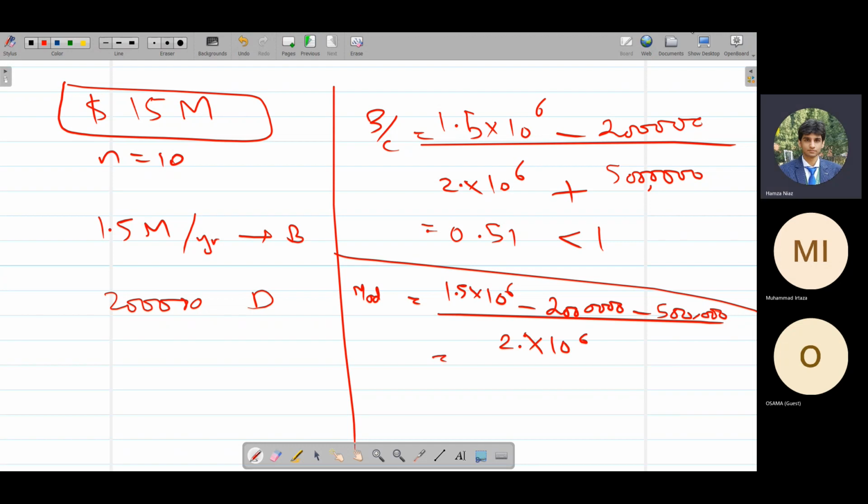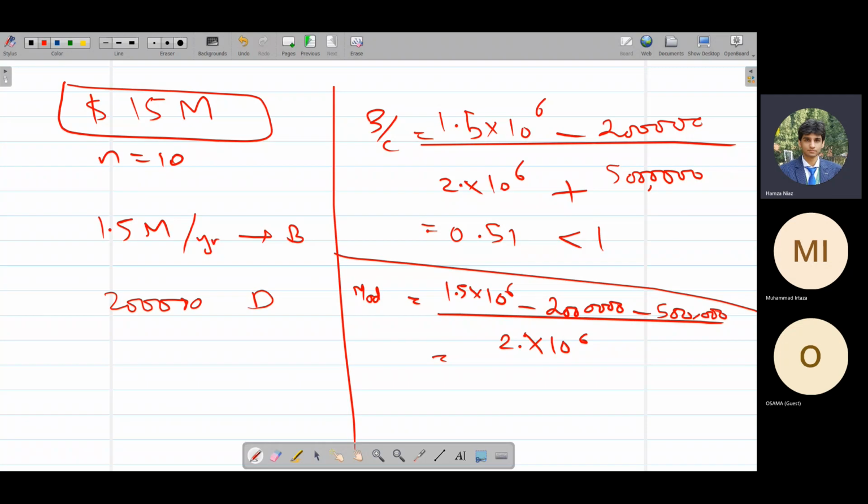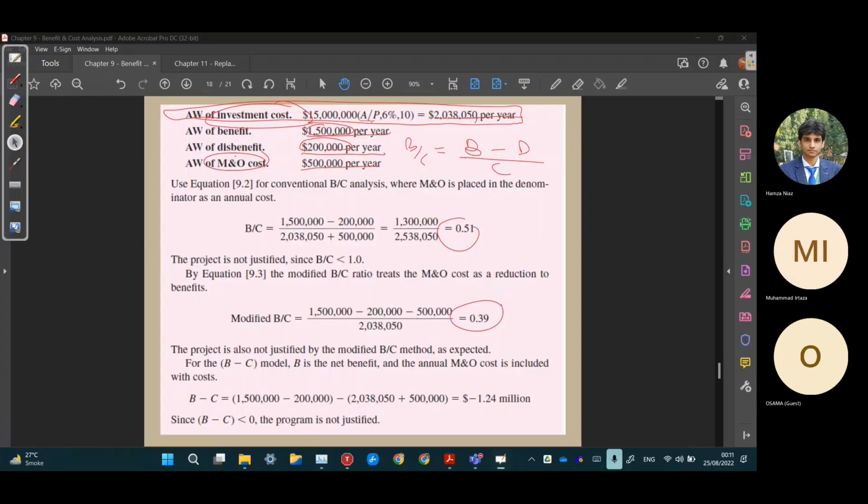If we use the modified, that is approximately 0.39. Again, this is less than 1, so not feasible in both cases. The project is not justified in either case, so we are not going to do this project.